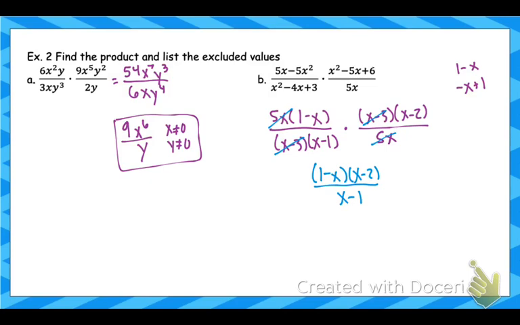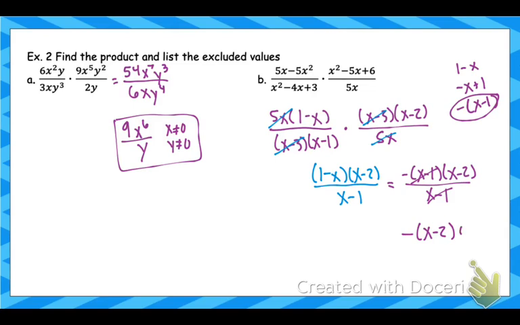That might make it easier to see. So now let's factor out that negative. So 1 minus x is actually the same thing as a negative times x minus 1. Well, if I rewrite it in that way, you can see I have more to cancel out. That x minus 1 factor is now top and bottom, and I'm left with this final expression.